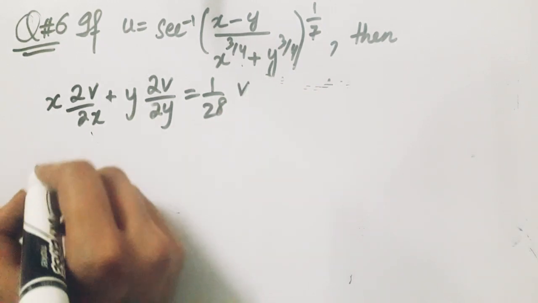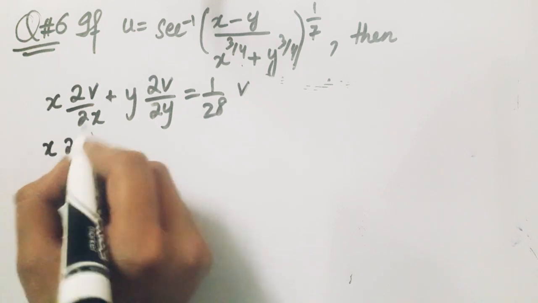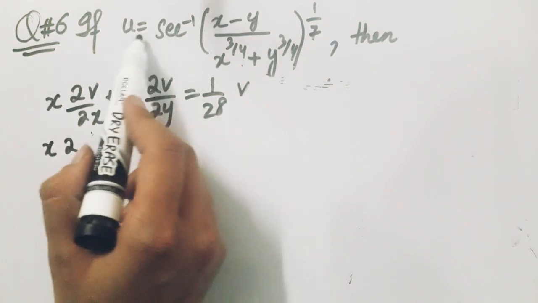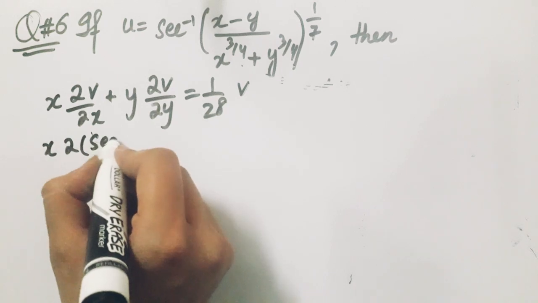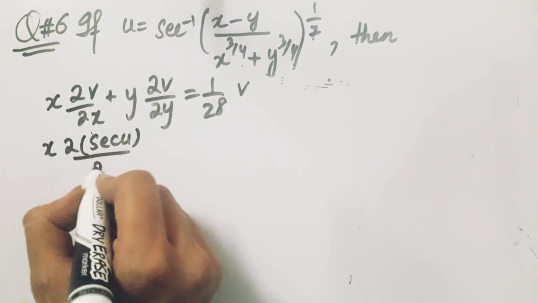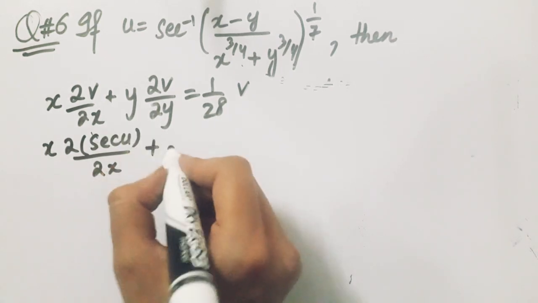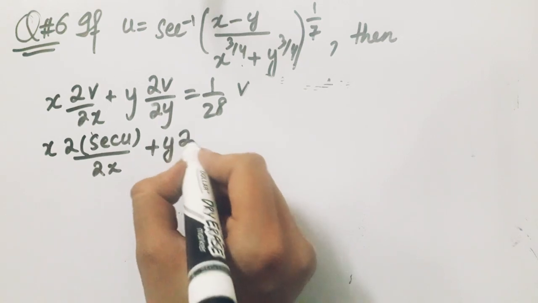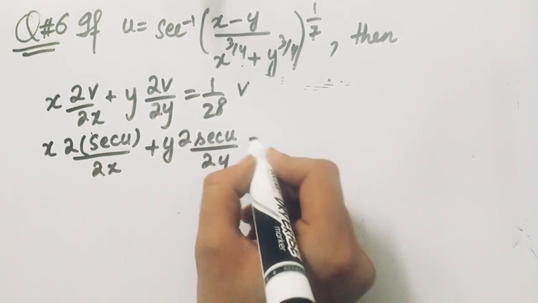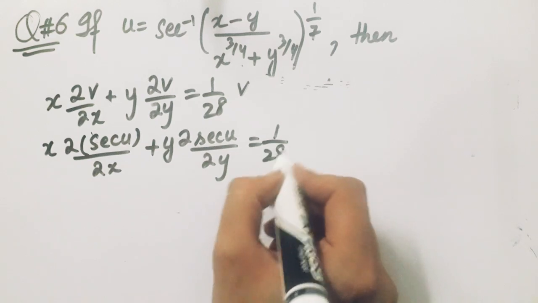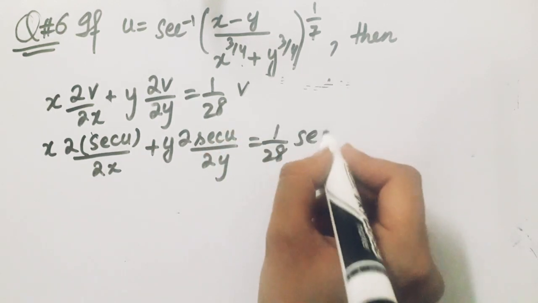Then, since v is equal to the secant of u, we get x partial secant u over partial x plus y partial secant u over partial y is equal to 1 by 28, and v is equal to the secant of u.